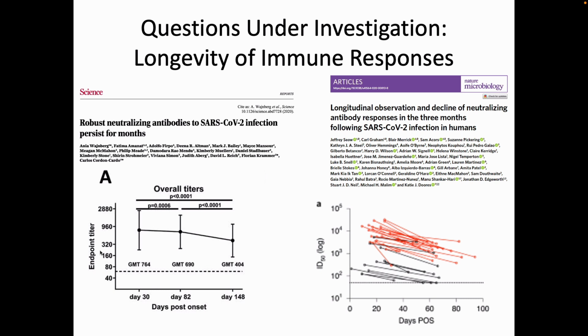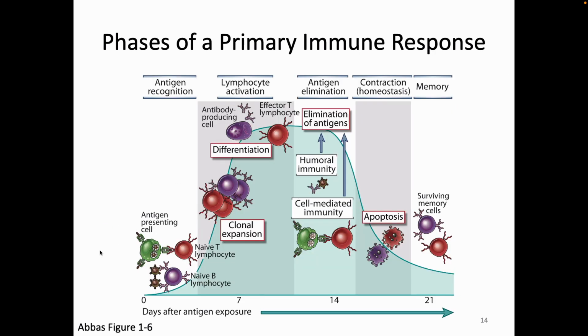But now let's think about what we know about immune responses. What should happen to your antibody responses over time? Yeah, they should wane. You should stop having those effector cells producing lots of antibodies, and it should go down over time. That's how it's supposed to work.